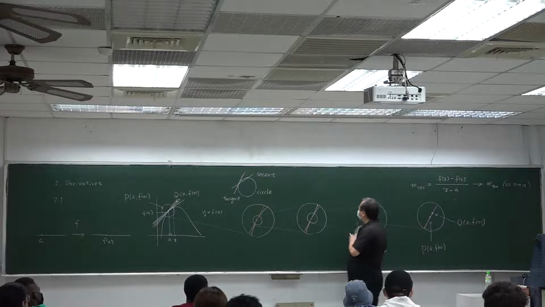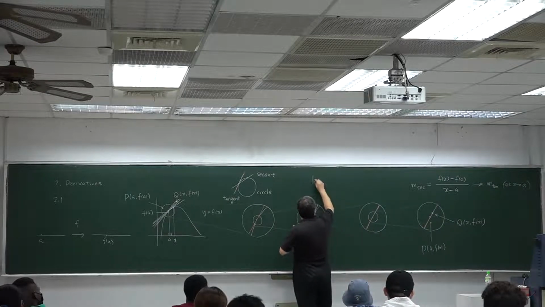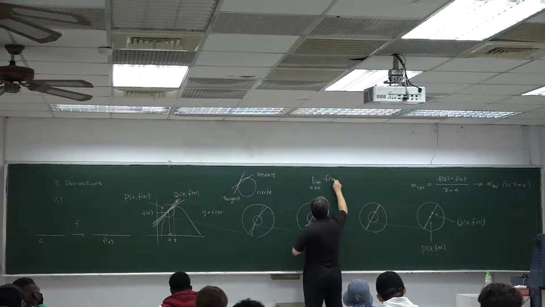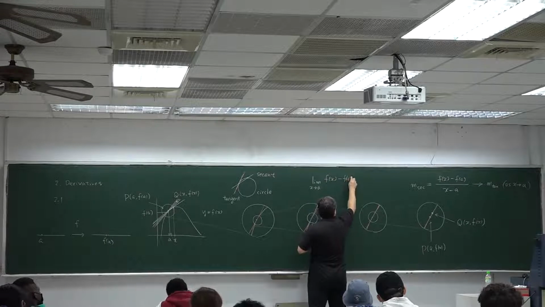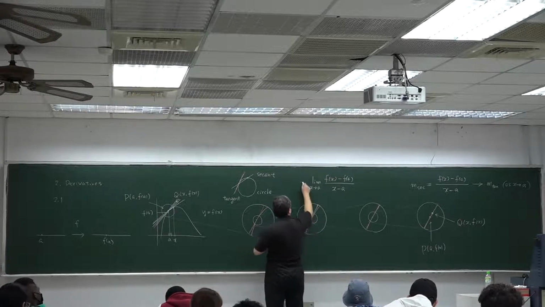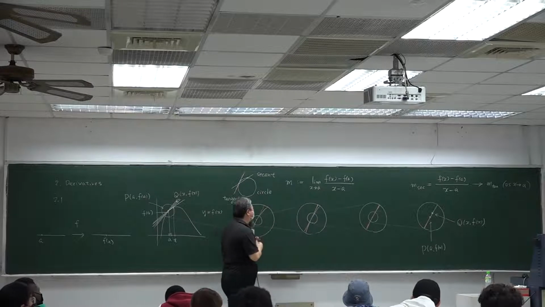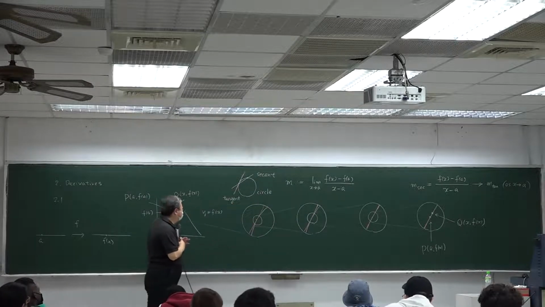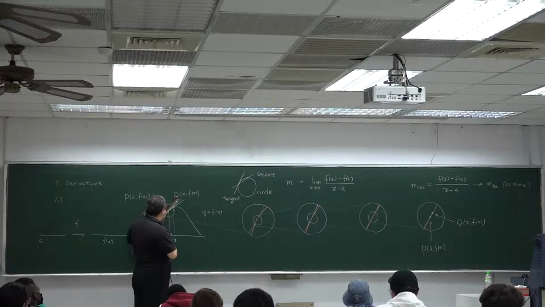Alternatively, we may express this by (L(x) minus L(a)) over (x minus a), and then take the limit. Suppose this limit exists, then we say this number is the slope of the tangent.